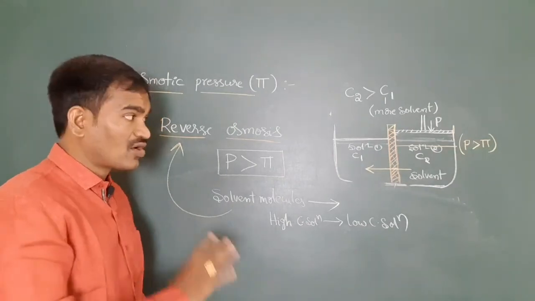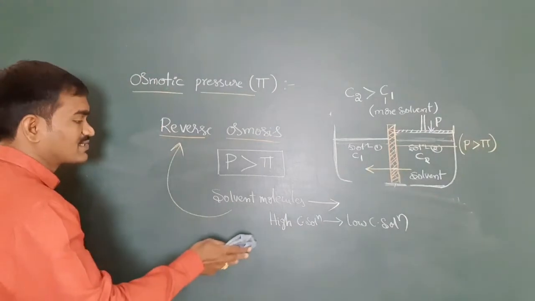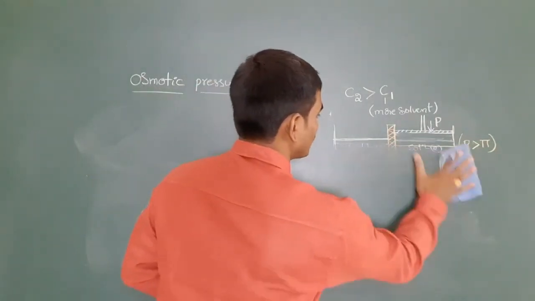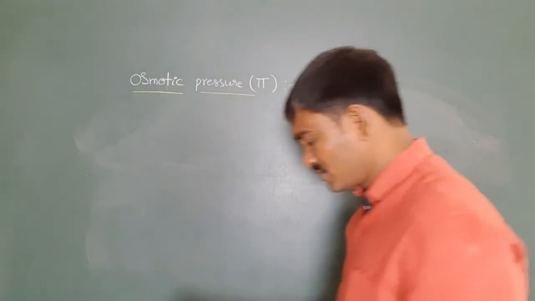So this is the concept. Now we have to solve some problems on osmotic pressure. Simple problems, one by one. Only two problems we will solve. Take the first one.